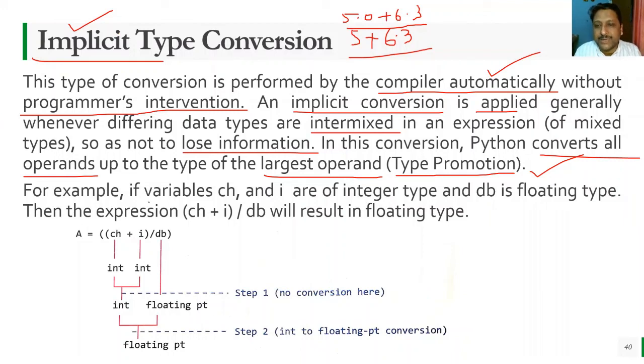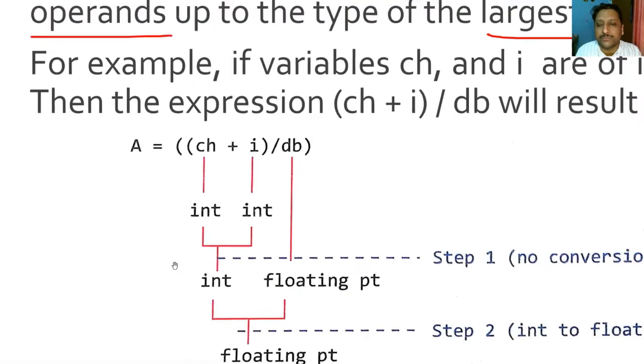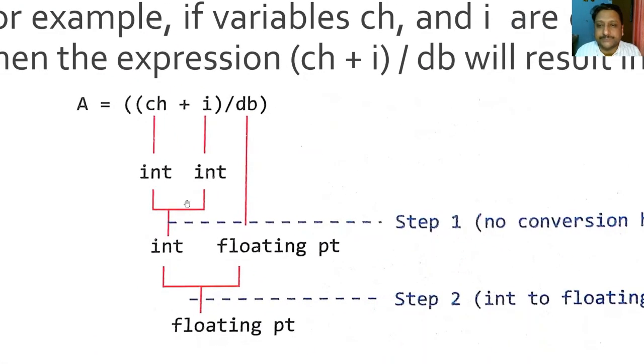For example, if variables ch and i are of integer type and db is floating type, then the expression ch + i / db will result in floating type. And how will it be converted to floating type? See here, ch and i are both integer type, and db is floating type.